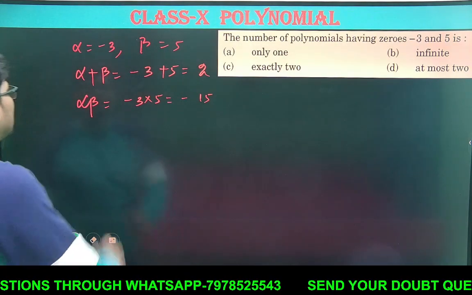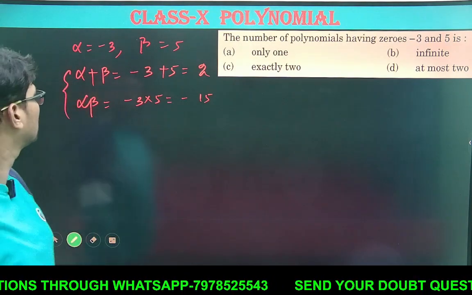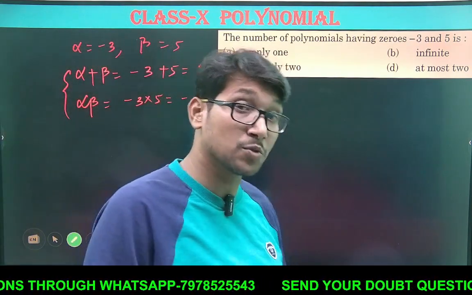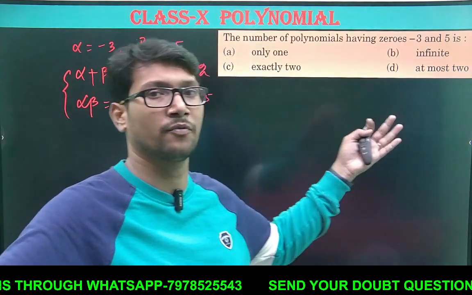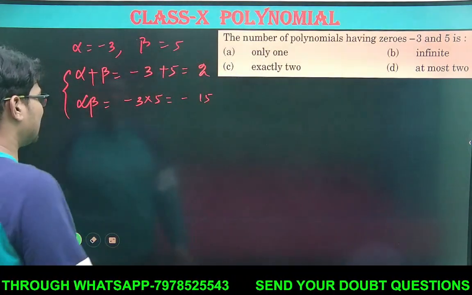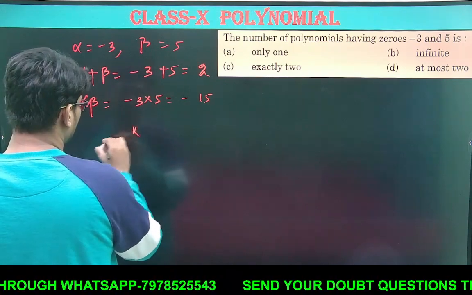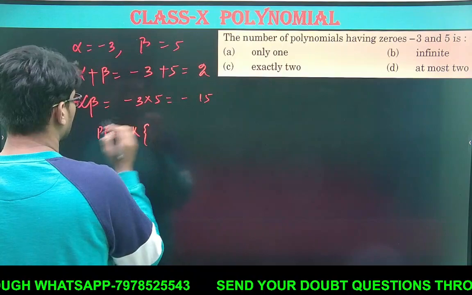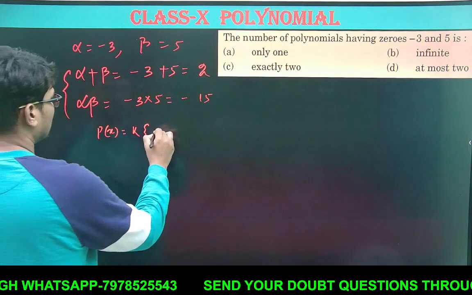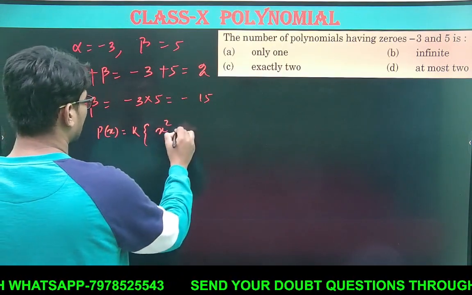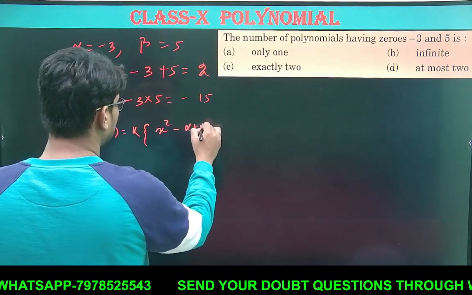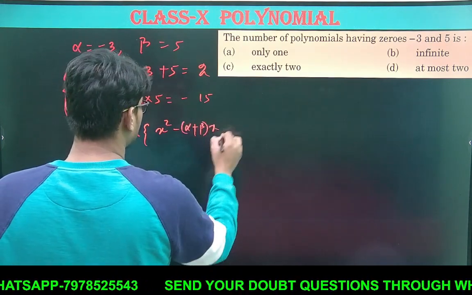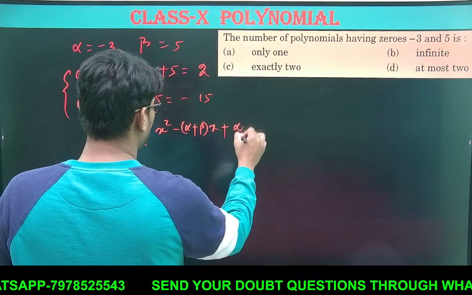So dear students, with the help of these two things, the sum of zeros and the product of zeros, we can write an infinite number of polynomials. We know how to write a polynomial. P of x is equal to k into x square minus alpha plus beta into x plus alpha into beta.